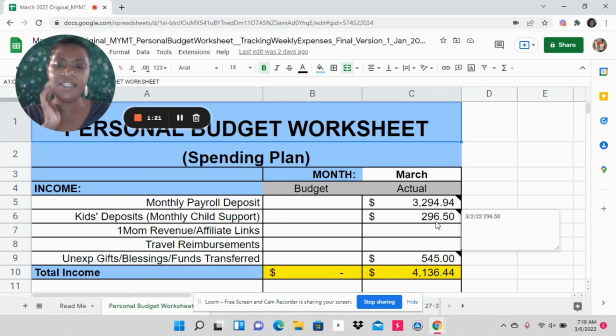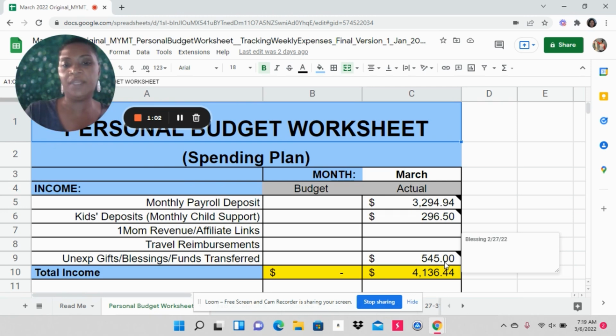Now, unexpected gifts, blessings, or funds transfer was $545. That was just some money that was sent. It depends on if I have something coming out ahead or something of that nature, then I'll transfer it over into my bank account and then pay a bill, right?